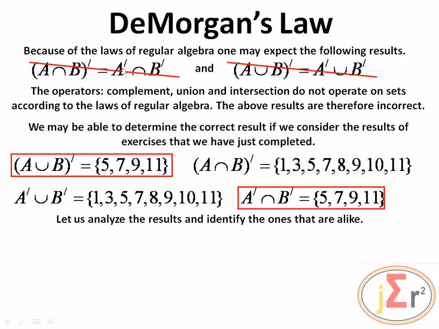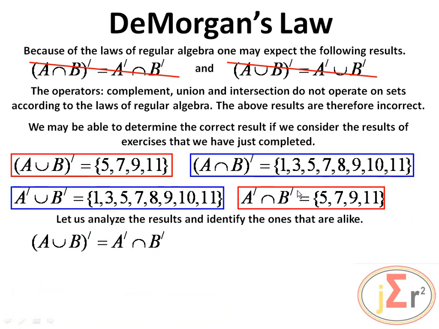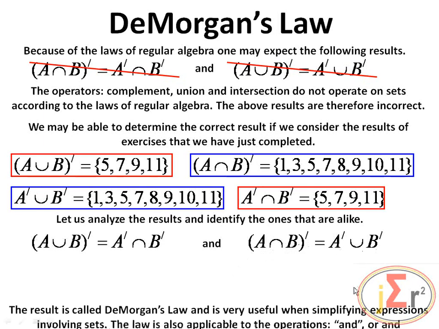Therefore, we are saying that (A ∪ B)' is equal to A' ∩ B'. And of course, the other two are equal. Notice that this set is equal to this set. Right. So we have (A ∩ B)' is equal to A' ∪ B'.